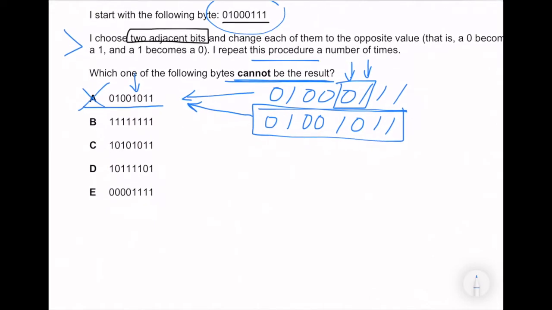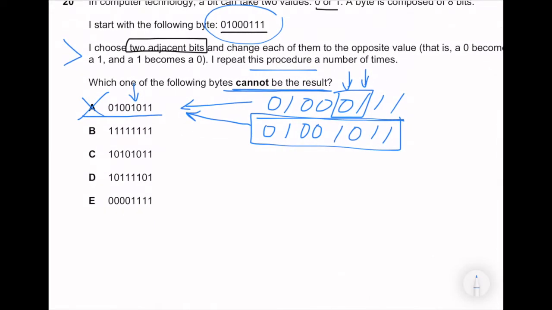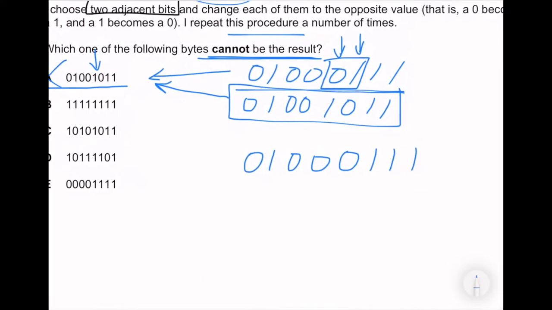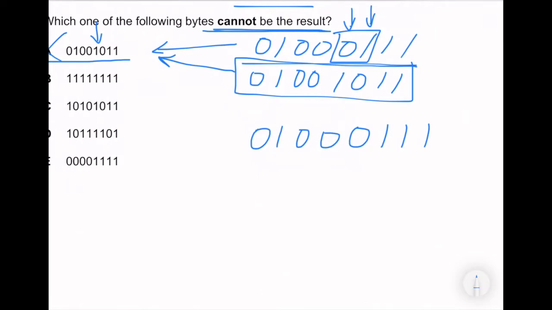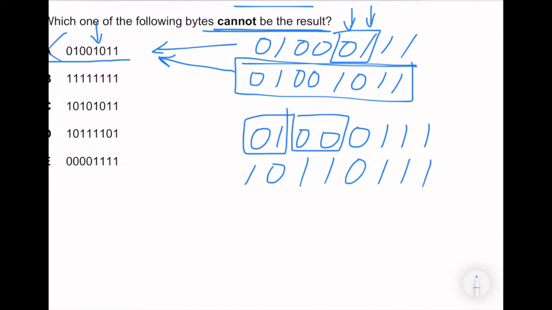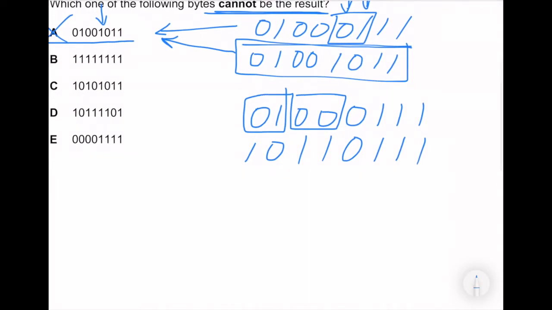Let's look at B. B is asking, can we get to 1, 1, 1, 1, 1, 1, 1, 1? So let's start with the original string again, 0, 1, 0, 0, 0, 1, 1, 1, and try to make them all ones. Let's start by flipping these two values, and then the next two values as well. So we get 1, 0, 1, 1, 0, 1, 1, 1. This looks like we need to do this procedure multiple times, which we can do.